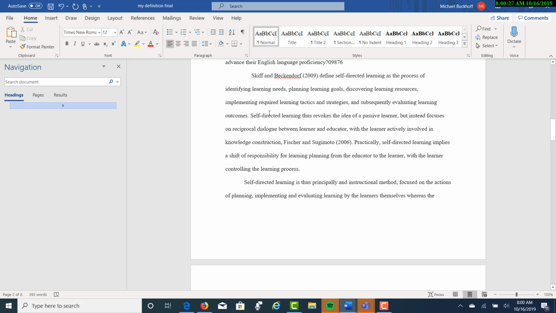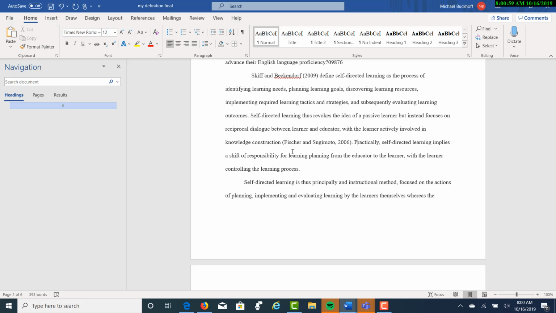You have self-directed learning thus revokes the idea of a passive learner, but instead focuses on reciprocal dialogue between learner and educator, with the learner actively involved in knowledge construction. This is a little awkward with your referencing here, so I would do it like this. Because you have Fisher and Sugimoto, they're not really doing anything grammatically in the sentence, right?